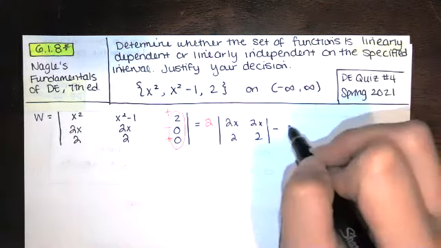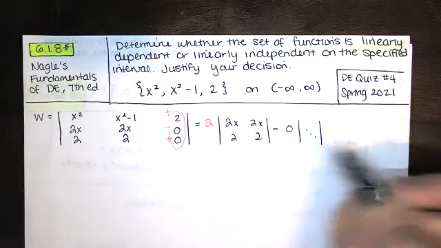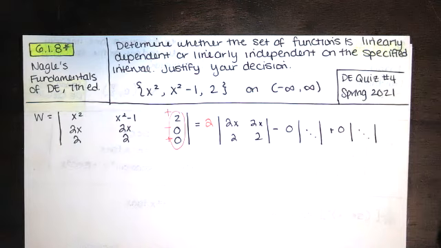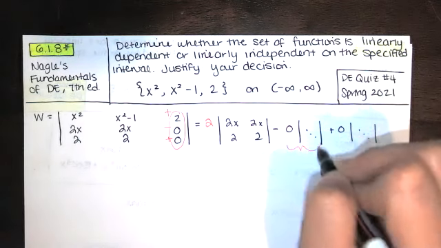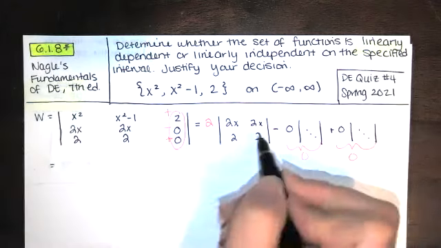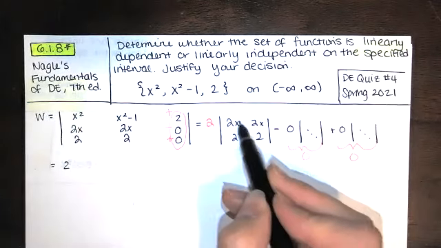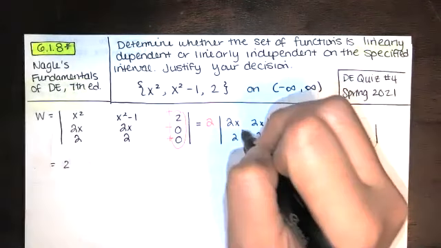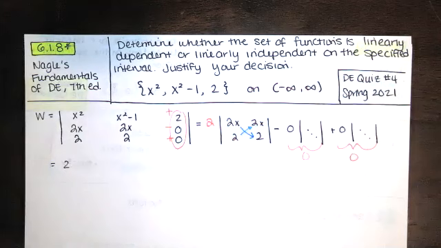Minus 0 times some 2 by 2 plus some 0 times the other 2 by 2, but multiplying anything by 0 doesn't do anything. So this is just going to be a 0 here and a 0 here. And then over here, we're going to have 2 times the value of this 2 by 2 determinant. So you're going to multiply across that diagonal and subtract.